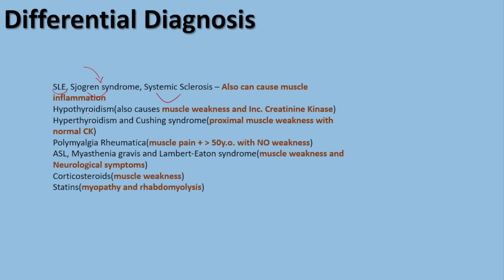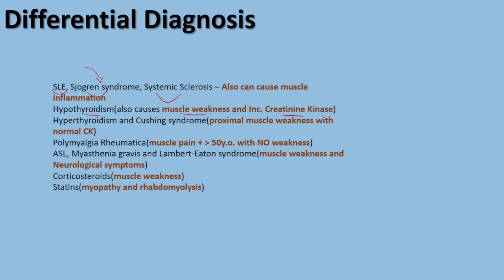In case of hypothyroidism, the patient can also have muscle weakness, but this is not due to the fact that the patient is suffering from muscle inflammation and muscle infiltration. This is due to the fact that the thyroid hormones are produced less. But in case of hypothyroidism, the patient can also have increased creatine kinase.